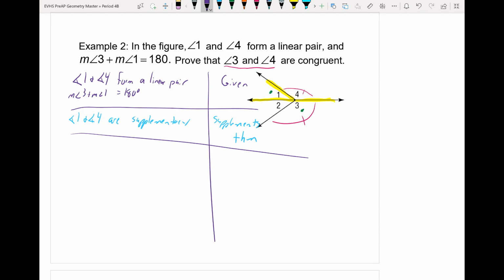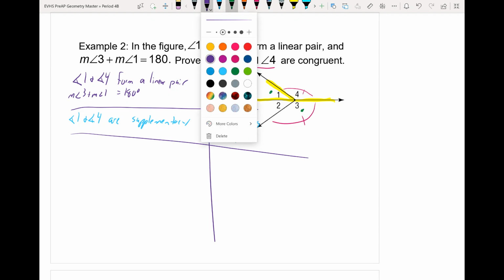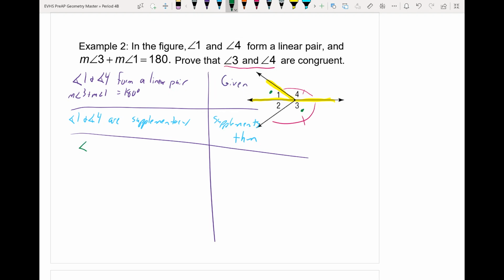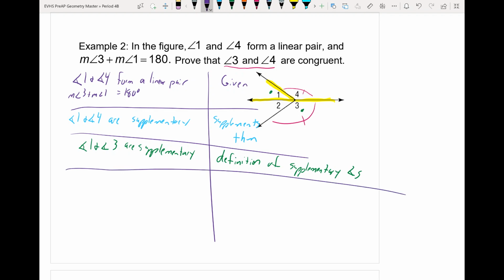Now, I also know that angle 1 and angle 3 are supplementary. And the reason that I know that is because they add together to give 180 degrees. That is the definition of supplementary angles.